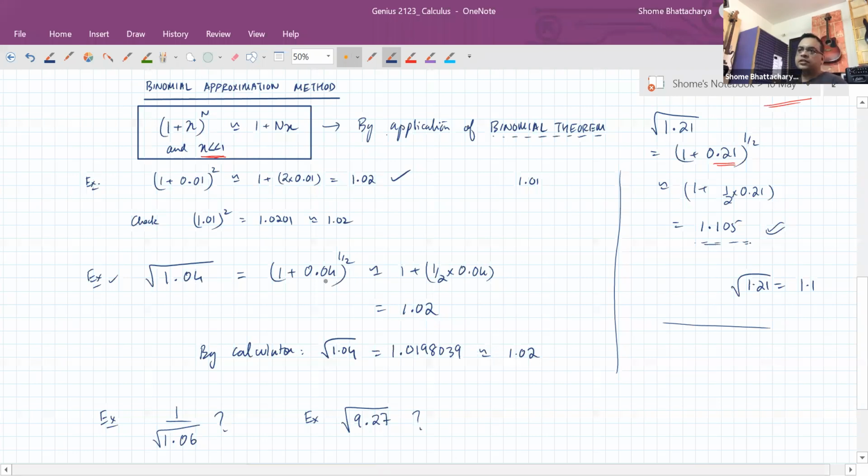Try out these two calculations using this. Now, the second one that I've given you, the square root of 9.27, you'll have to innovate a little, okay? Because it is not a number slightly greater than or less than 1, okay? You can also try this.